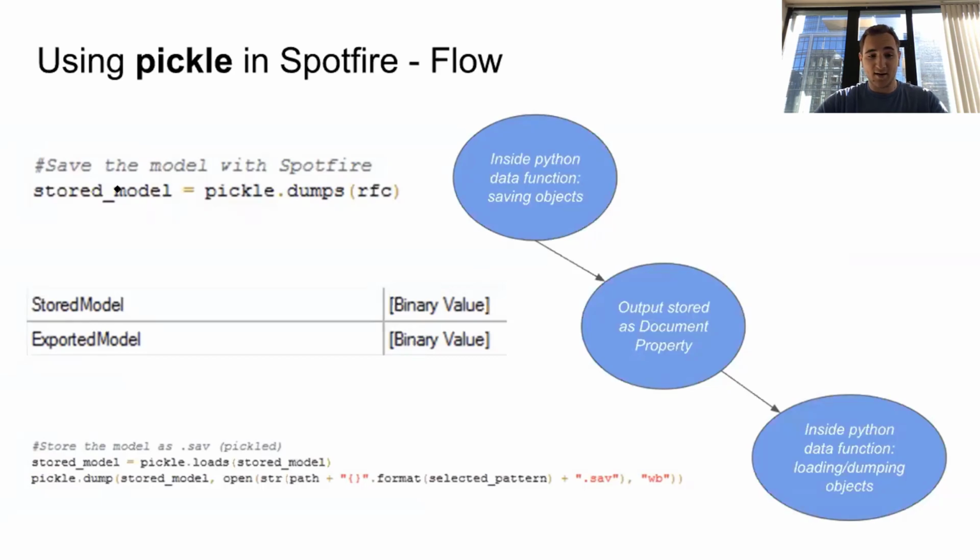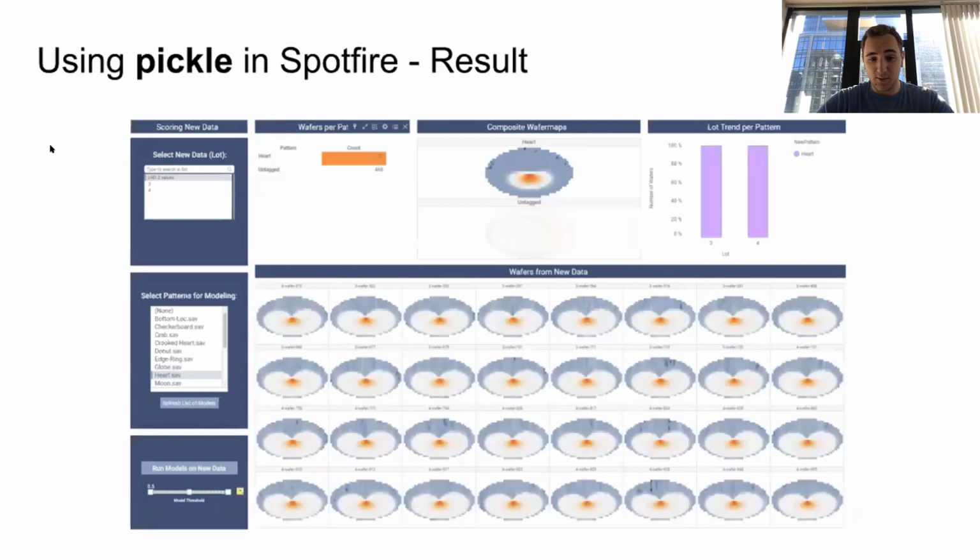If you then take this one variable and use it as an output of the Python data function, it'll be stored into a document property. As here you can see, stored model has just a binary value. And this will make it so that later, in a different Python data function, when you load in some new data, you can simply use it as an input and load it and have access to the variables that way. And then I can just show the result of what this will be.